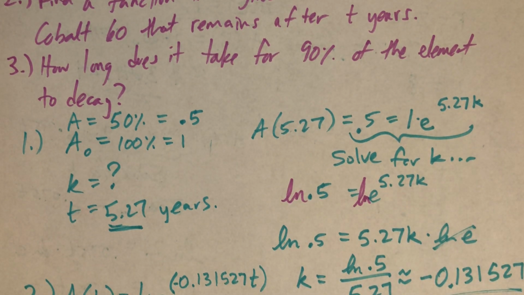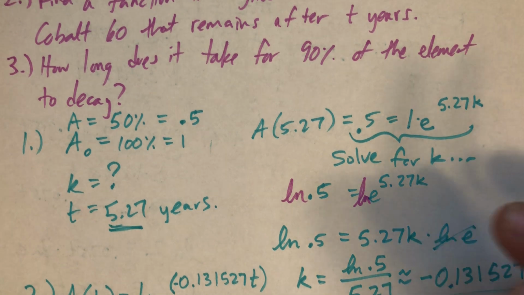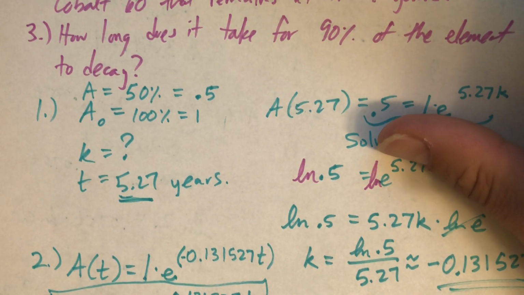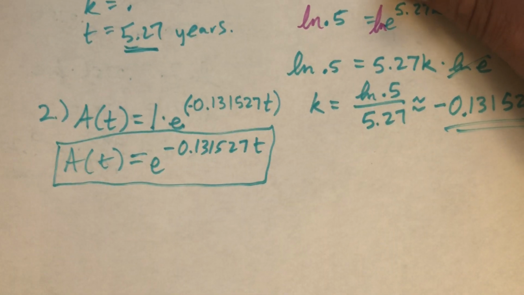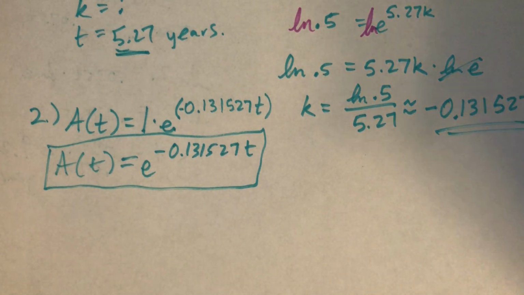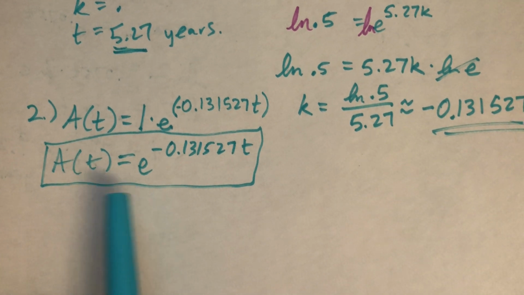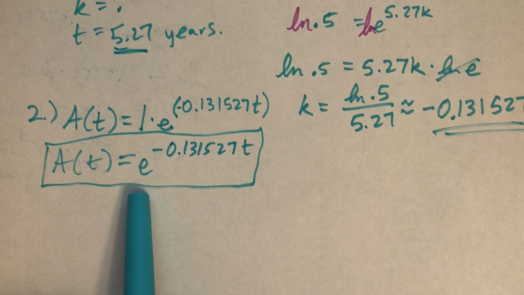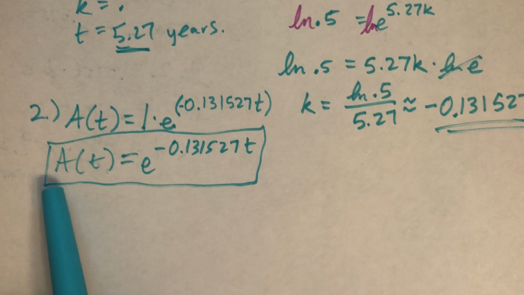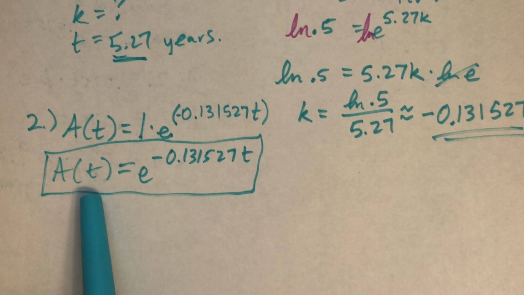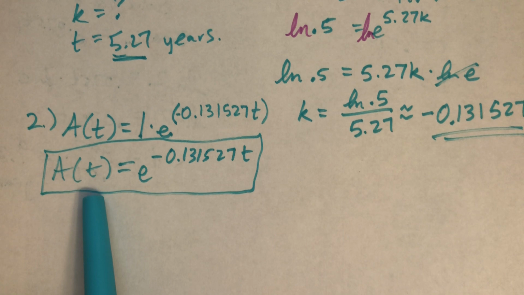How long does it take for 90% of the element to decay? All right, so how are we going to do this? If we want 90% of the element to decay, how can we use this? This is how much of the element is left, right? So A of t is the amount of the element left after t years.